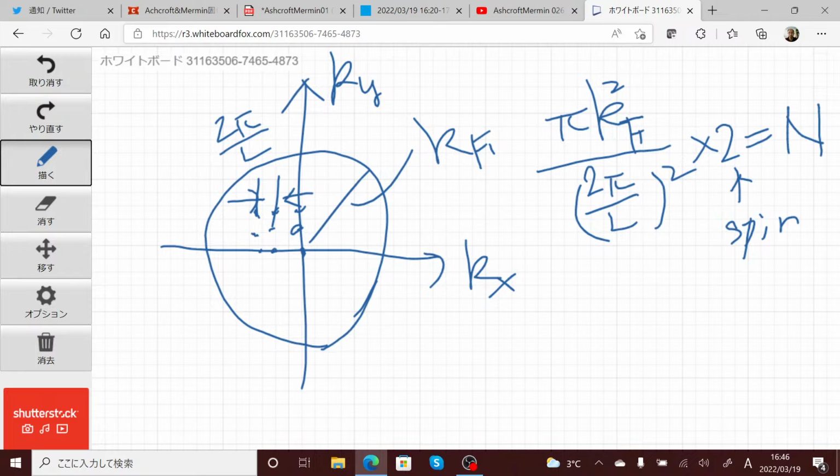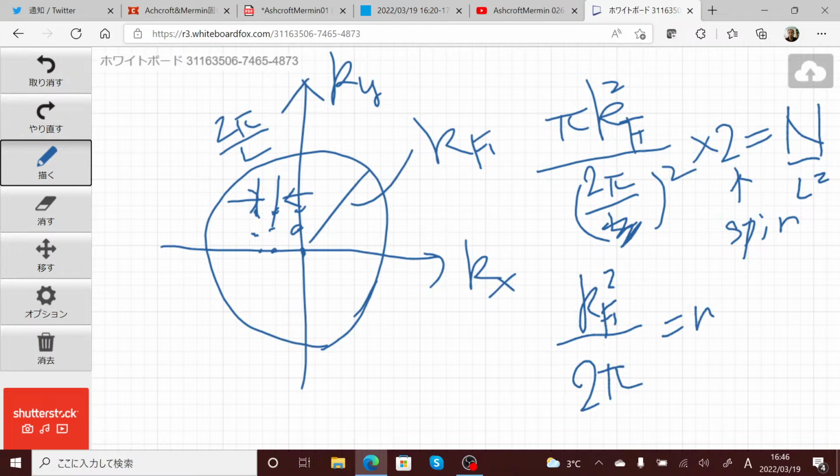Okay, so this should be okay. From which we find, the L squared goes here, so 4 pi squared over 2 pi, times Kf squared.